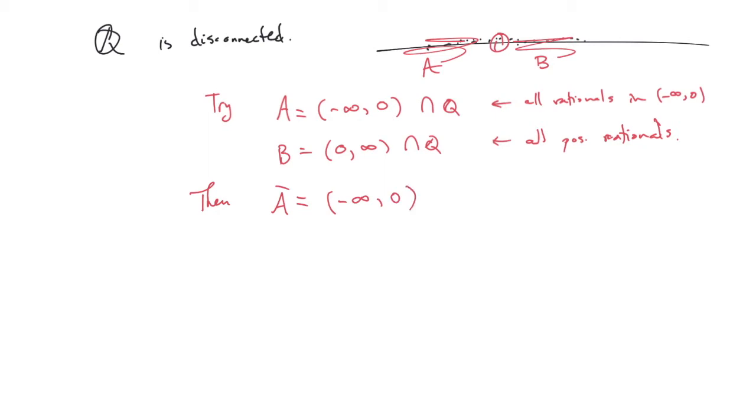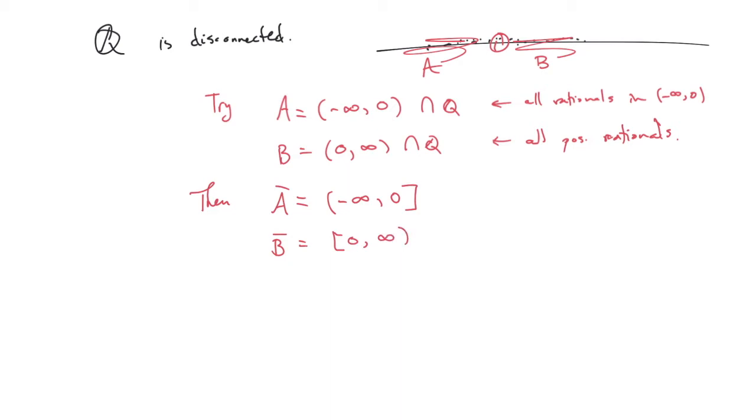Yeah, actually one small variation of what I just wrote. I see some people giving me the hand signal. The closure would also include 0 when the original set didn't. And then B bar, similarly, is all reals in the closed interval 0 to infinity.